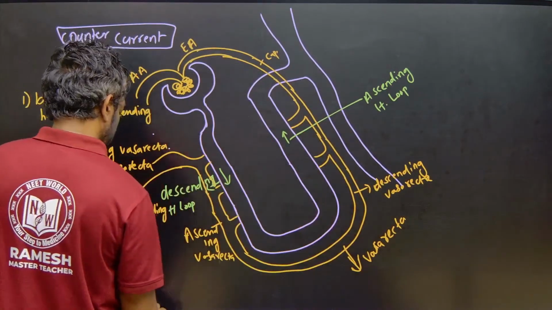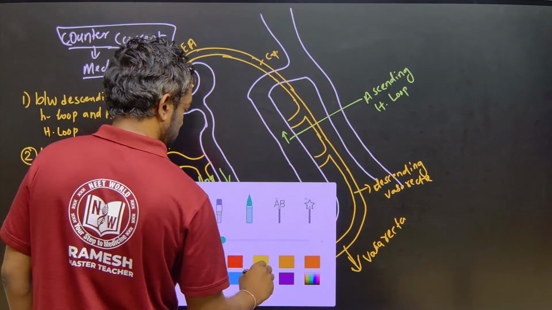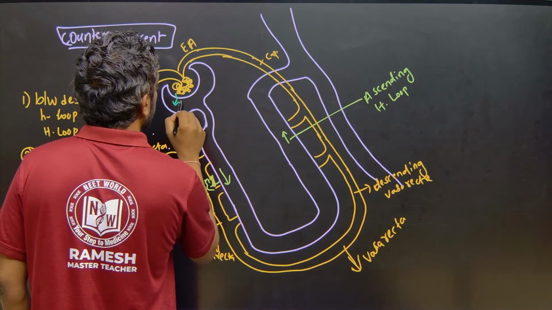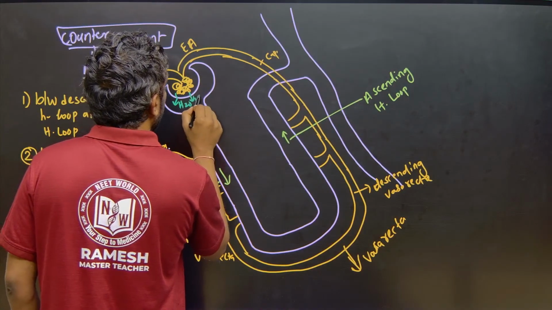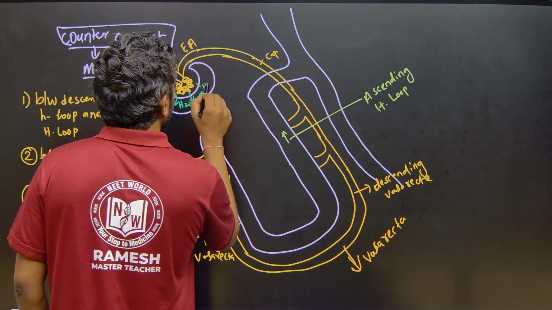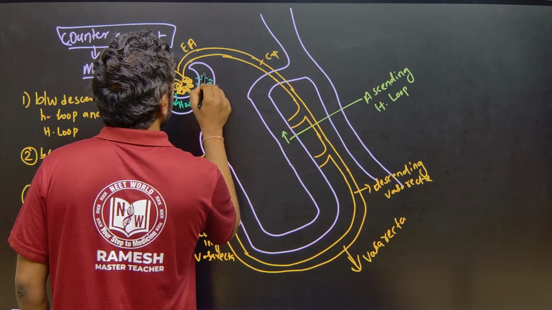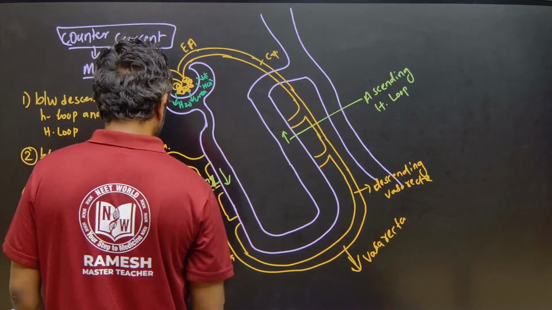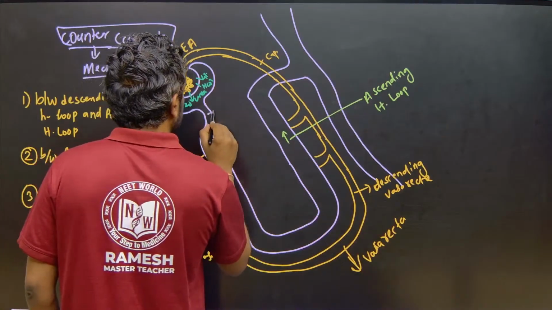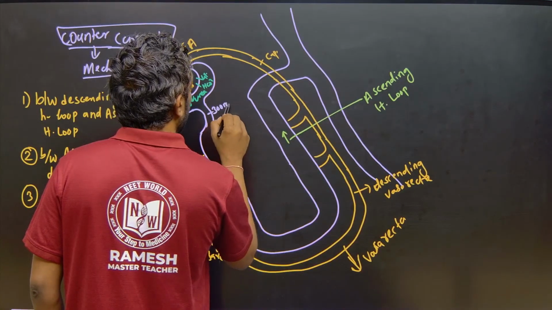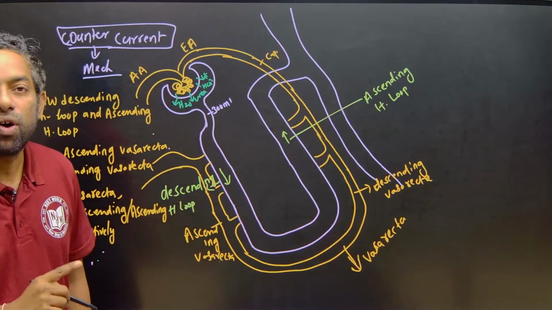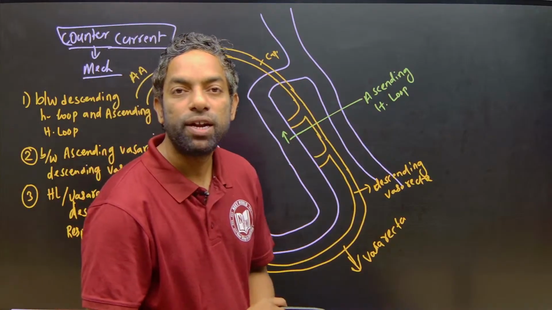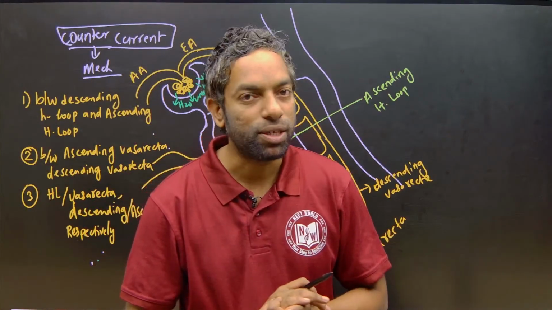The fluid that enters the Bowman's capsule contains water, urea, bicarbonates, and glucose. The osmolarity here is 300 mOsm; the filtered fluid has 300 osmolarity.